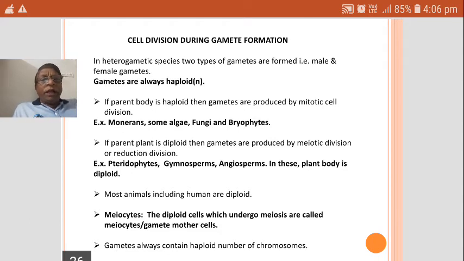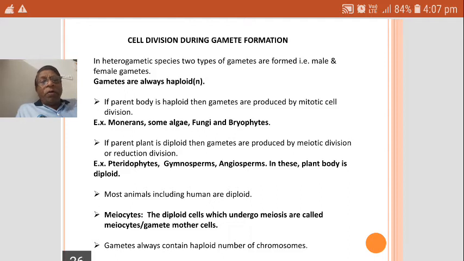When the parent body is haploid, say we come across in lower organisms like monerans or some algae, very good examples, fungi and bryophytes.